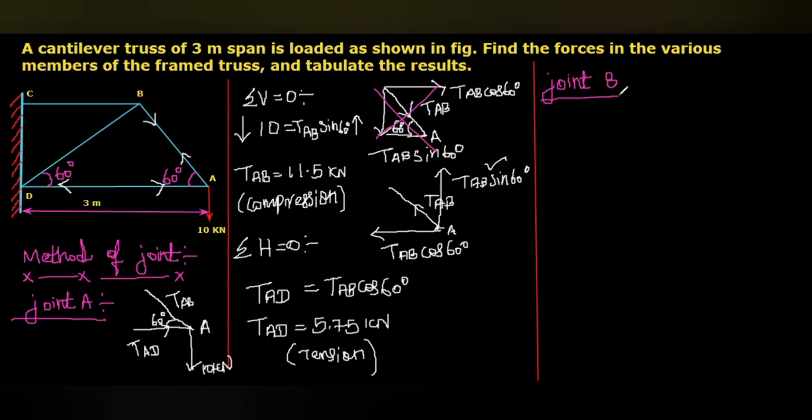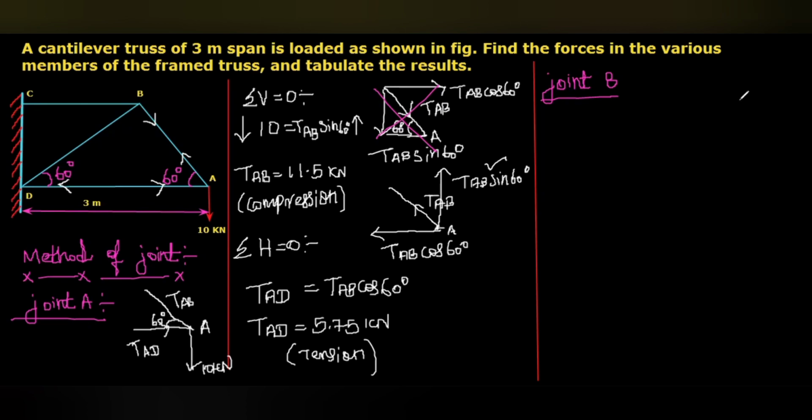So here, first I am going to draw the free body diagram of joint B. Forces in the members BC, BD and BA. Here, the tension or force in the member BA we already know numerically, that is, magnitude wise 11.5 kilonewton, and direction also we know. These two, BC and BD, are unknown, both direction and magnitude.